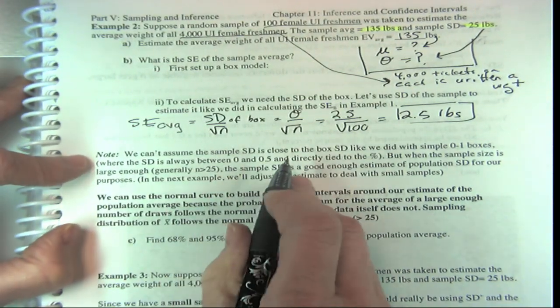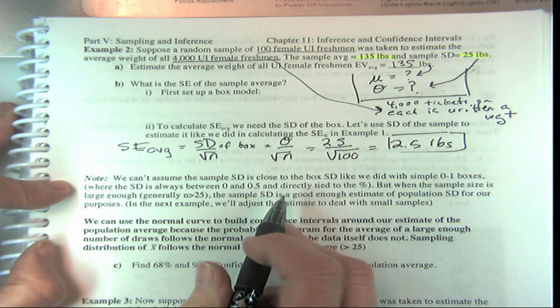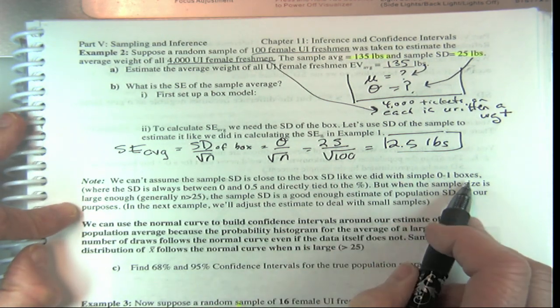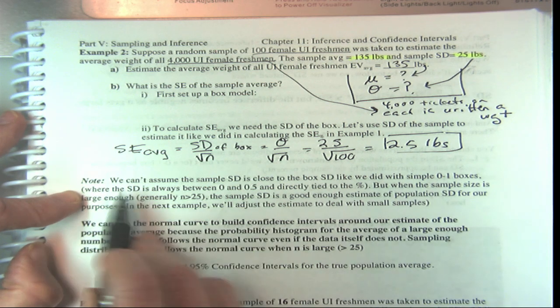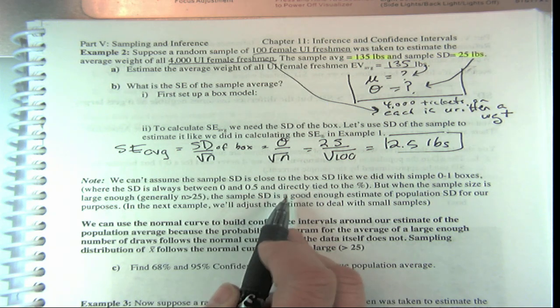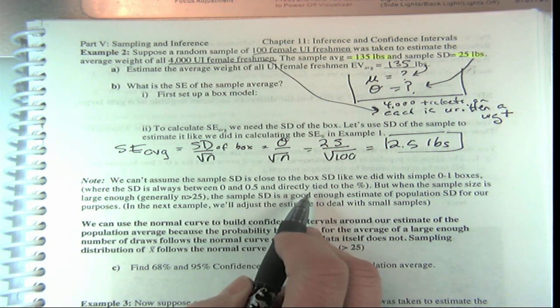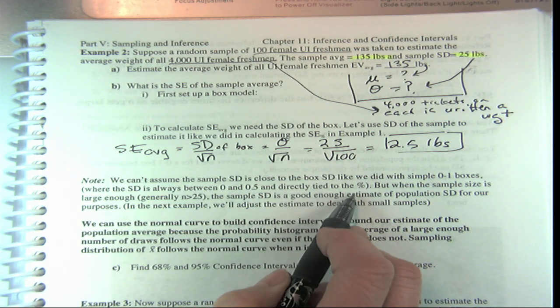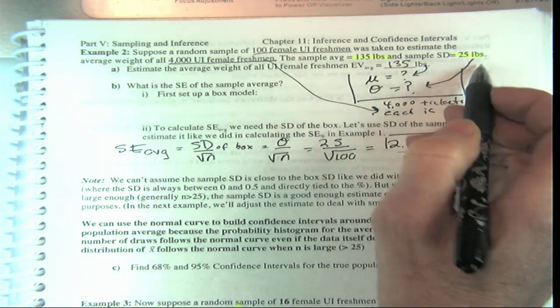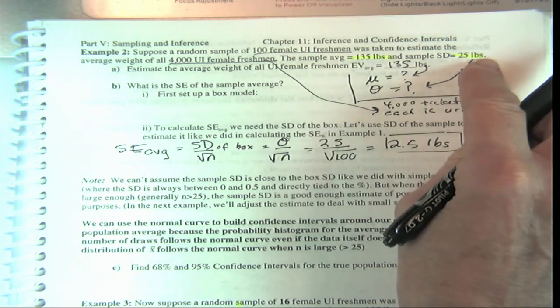Now, we can't assume the sample standard deviation is close to the box SD like we did with 0-1 boxes, where the standard deviation is directly tied to the percent, which is the mean. This standard deviation is not tied to the mean. There's no relation between them.